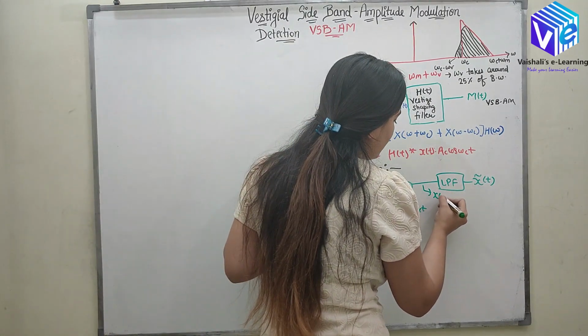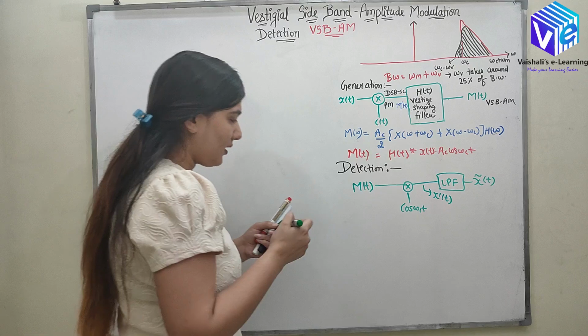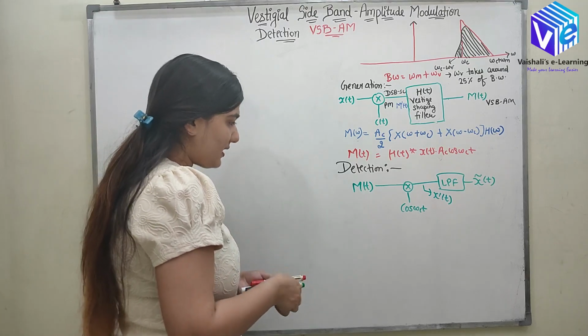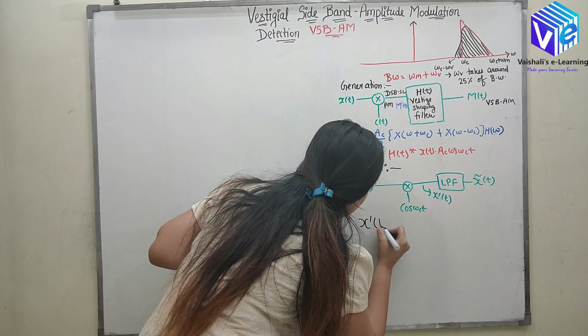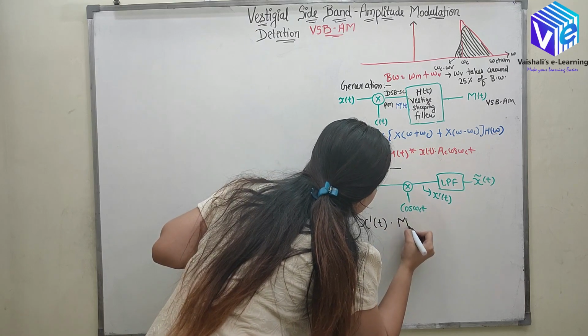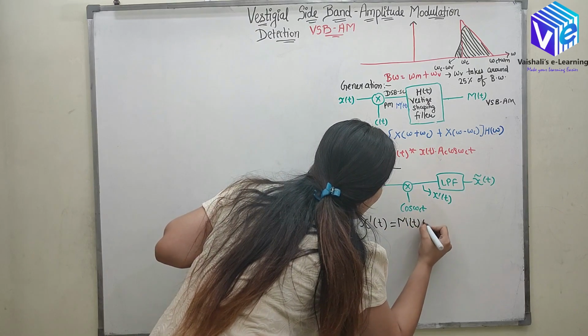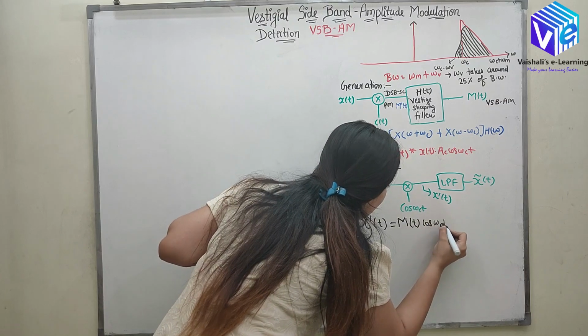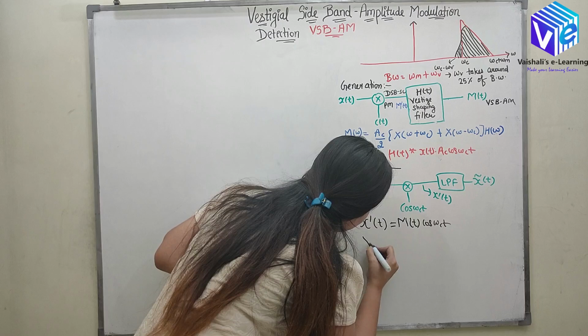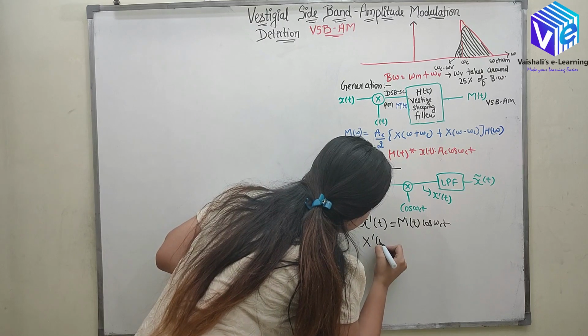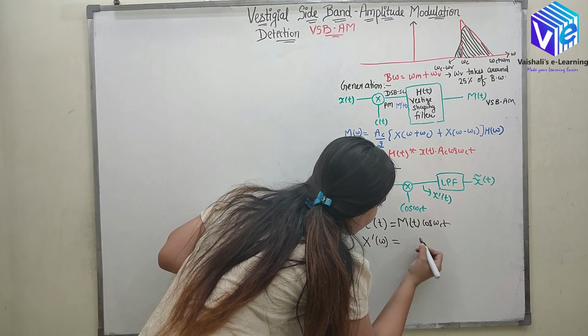Let's take this to be x'(t). What is x'(t)? x'(t) is m(t) cos ωc t. Now if I find x'(ω), how can I represent it?